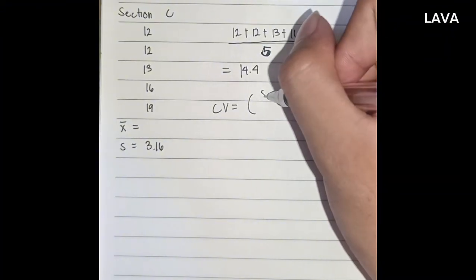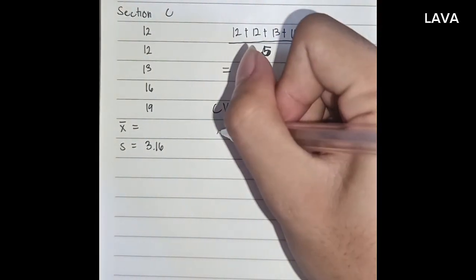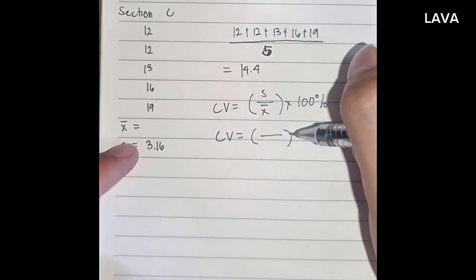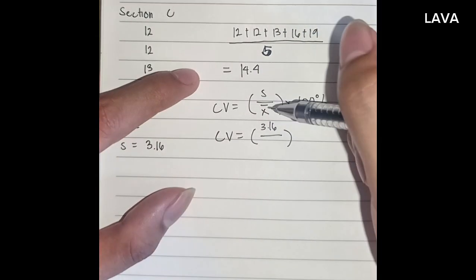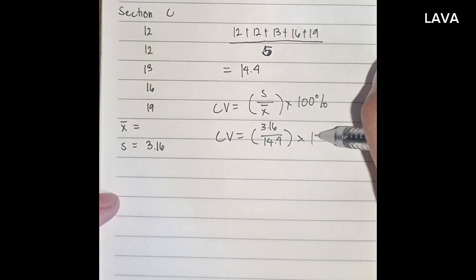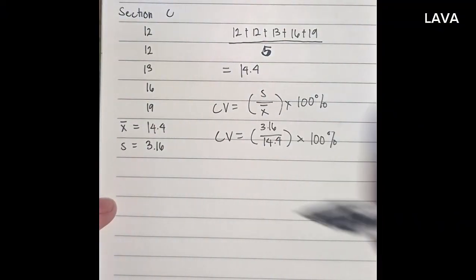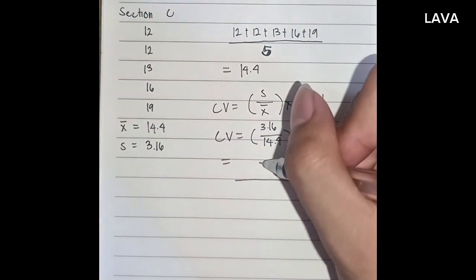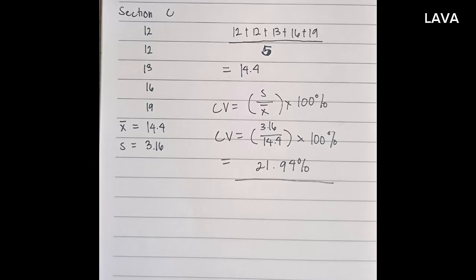CV is equal to, now we need to copy the standard deviation, which is 3.16, then copy the mean value 14.4 times 100%. Then the total is 21.94%.